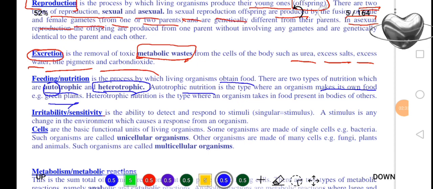Heterotroph: hetero means different, trophic means feed. So heterotrophic nutrition is the type where organisms take in food present in bodies of others. That is very important for you to understand.